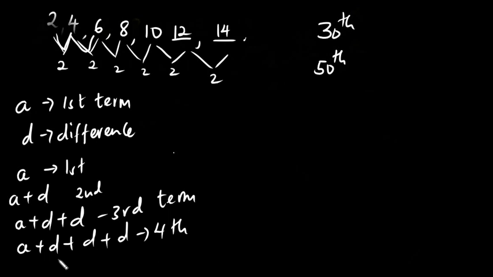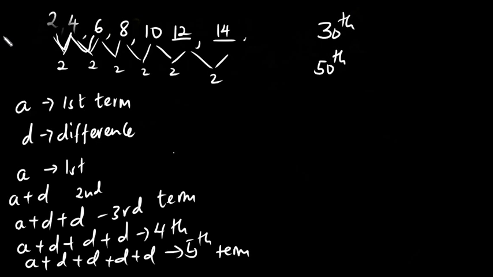So the 5th term, we're going to have A, and then we add the common difference 4 times. So plus D, plus D, plus D, plus D. This will be the 5th term. So the second term is A plus D. The third term, when we add the D and the D, we're going to get A plus 2D.